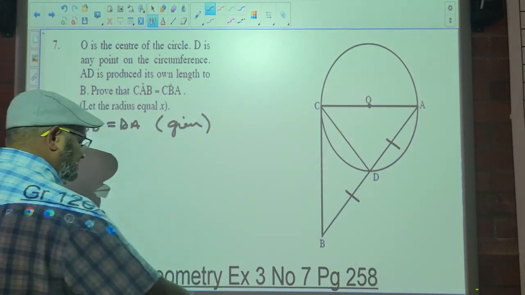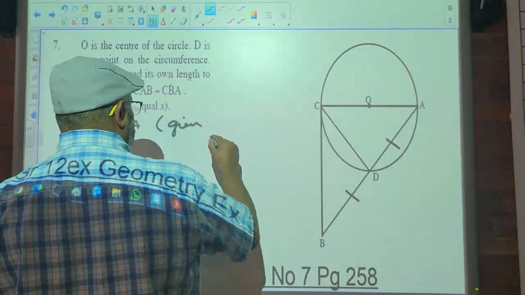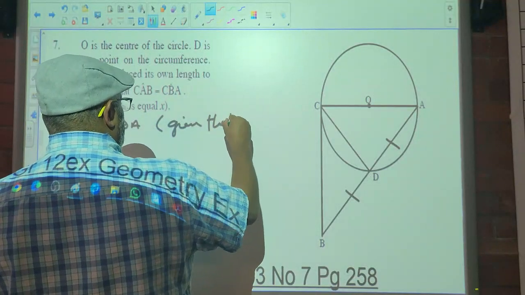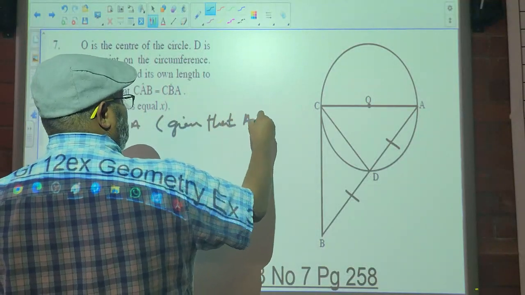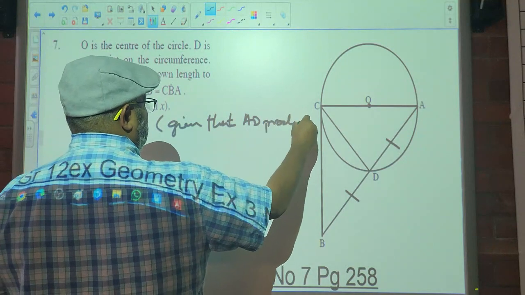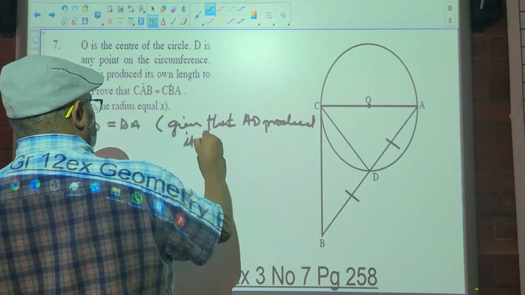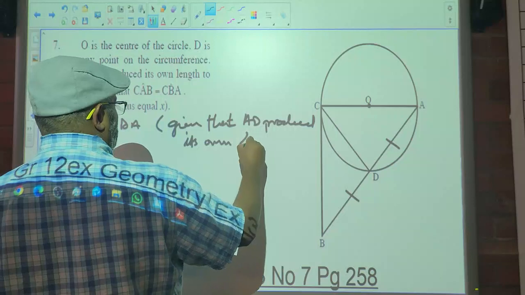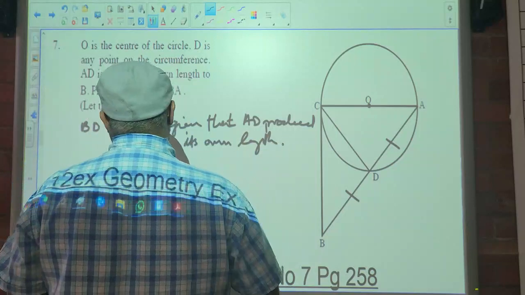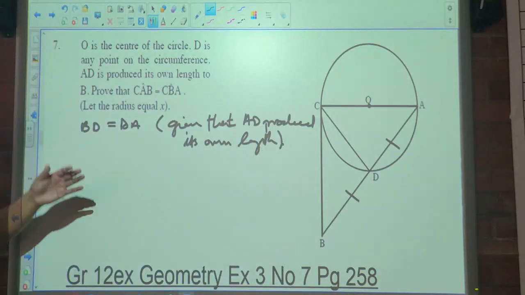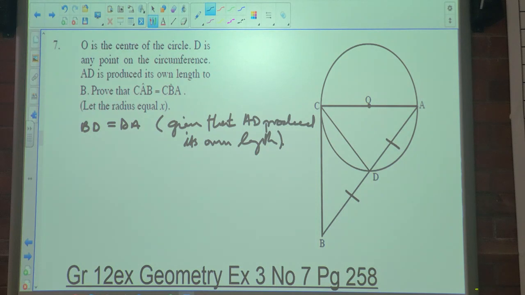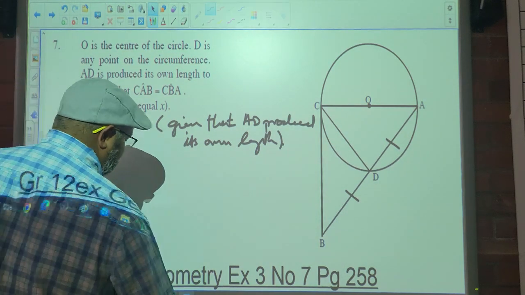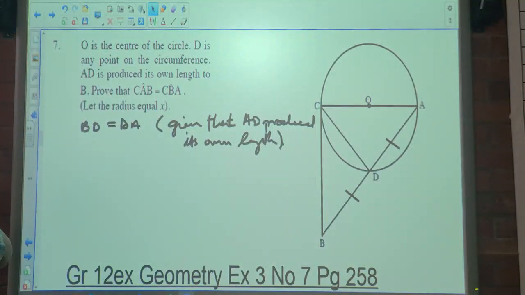You can write that. I don't even think you need to write that reasoning, but it's the first time you're coming across that, so you don't need to highlight that again. AD produced its own length to B.